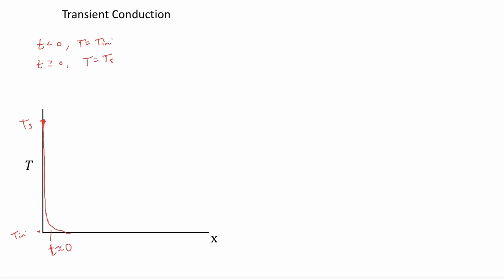So the entire temperature disturbance is really limited right to the wall. Okay, then as you go through time, you're going to start seeing this wave of energy, this temperature wave, start to propagate through due to conduction.